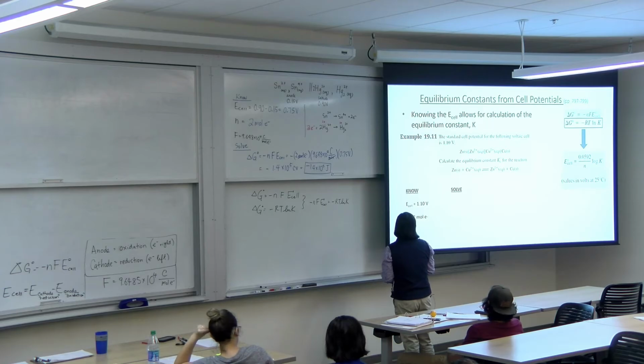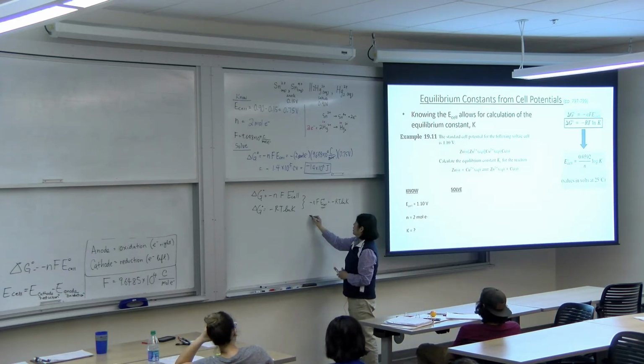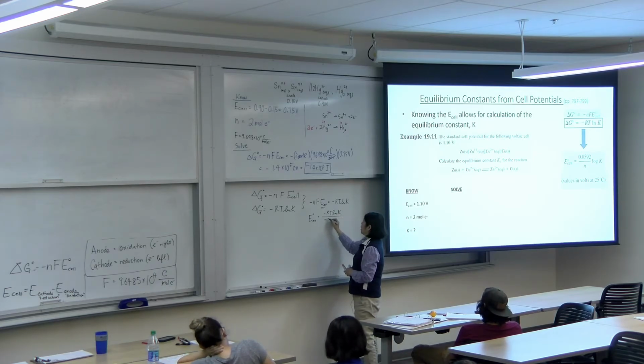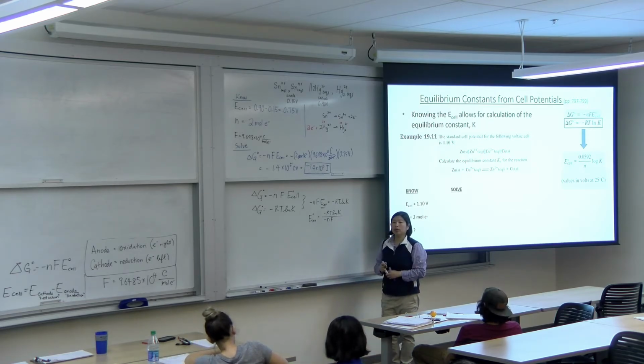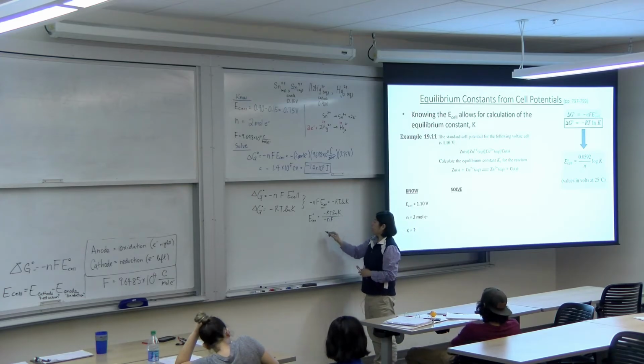Okay? So if I'm solving for E cell, it is equal to minus RT ln of K over minus nF. Do you agree? Divided both sides by nF. The negative signs do cancel out.